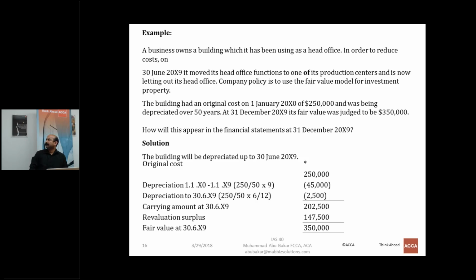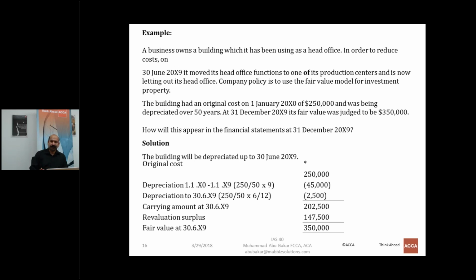I think there is a small typing error. This is 350,000 on 30th June 2009. That's why the revaluation surplus is there. Subsequently, on 31st December 2009, the company will determine the fair value of this asset and adjust this 350,000 accordingly, and the difference will be treated in the profit and loss account.